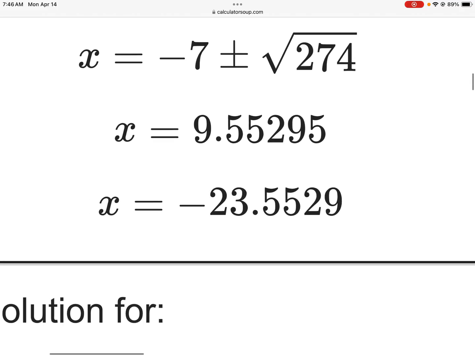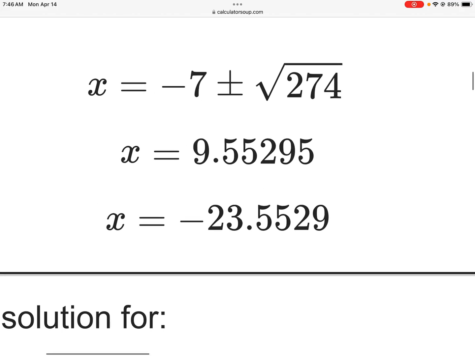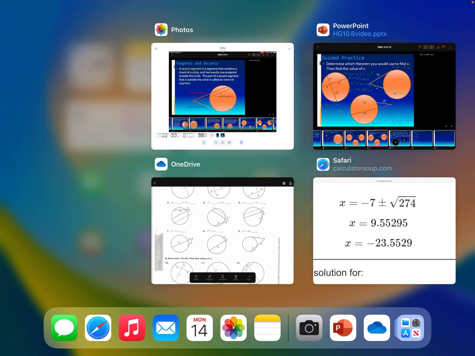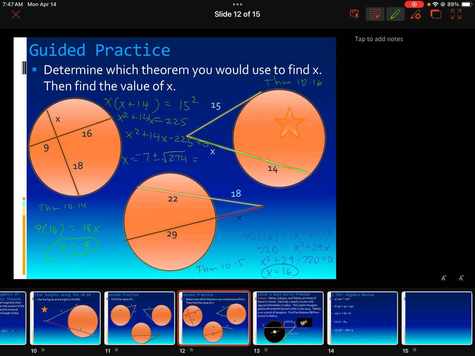So it looks like we end up with this, negative 7 plus or minus square root of 274. That's your exact answer for x. And there'd be a positive root and a negative root. We care about the positive one only here because notice how x is a segment length. 9.55, 295. That would be our value for that x.